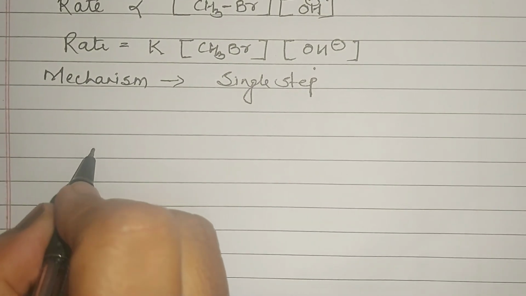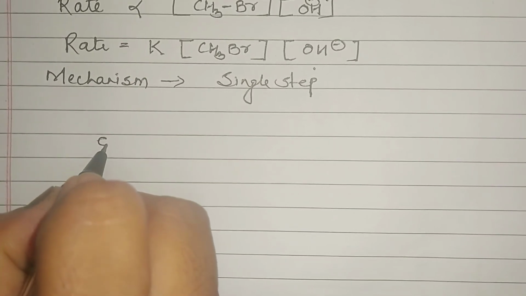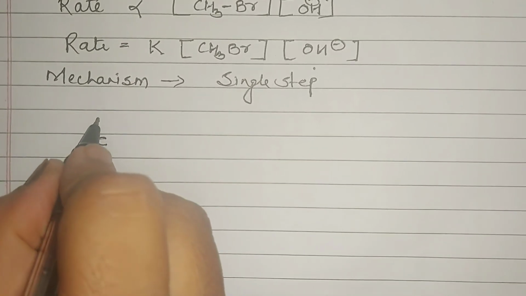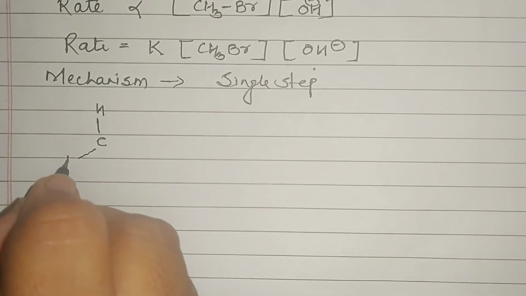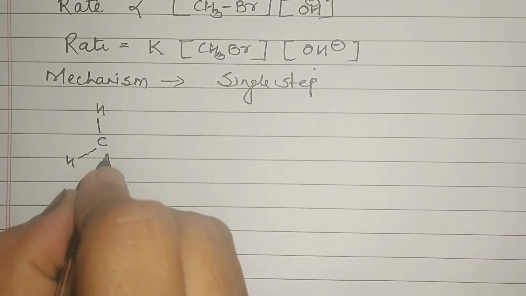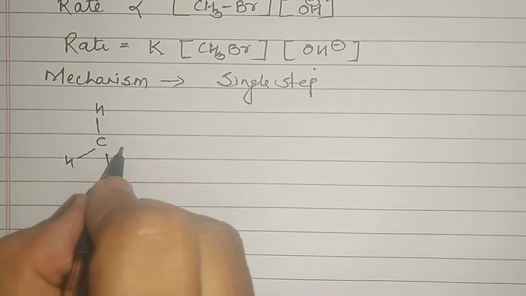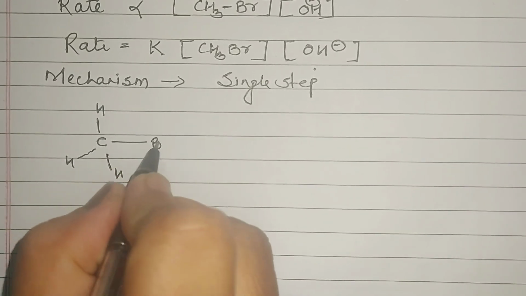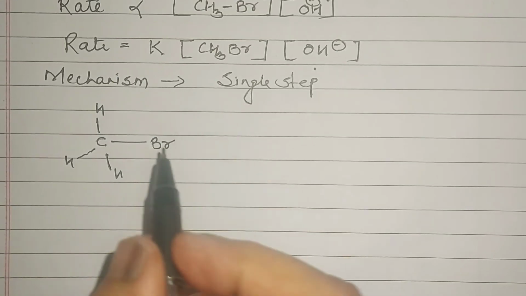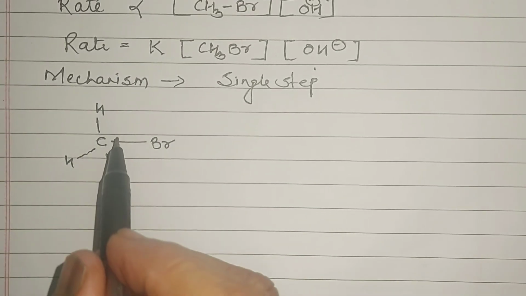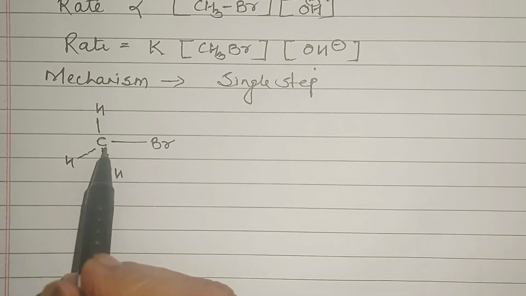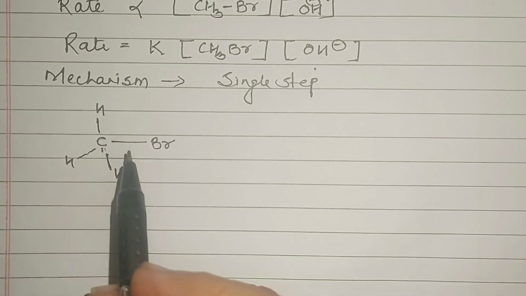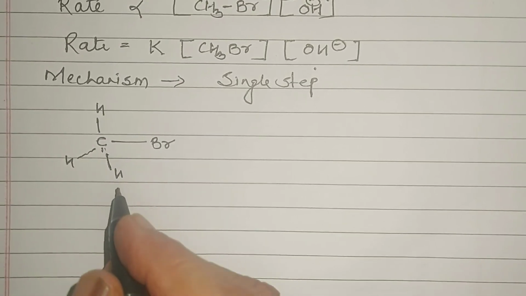We have this methyl bromide, with H and Br. This carbon is in sp3 hybridization state, and the geometry of this carbon is tetrahedral.